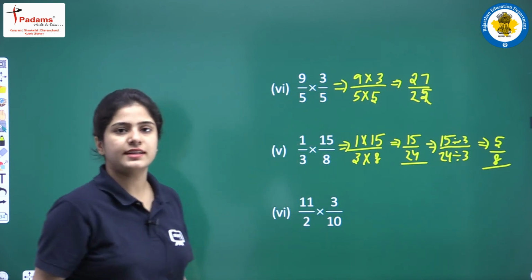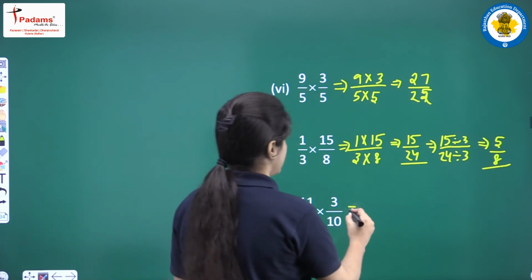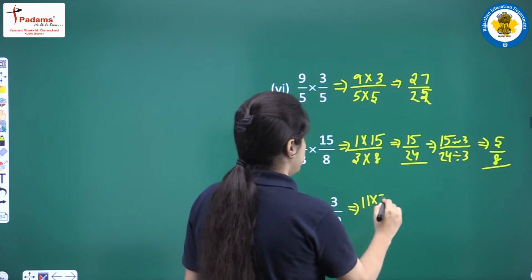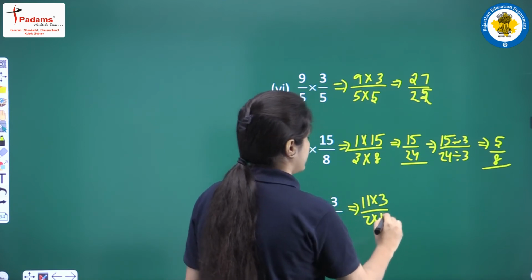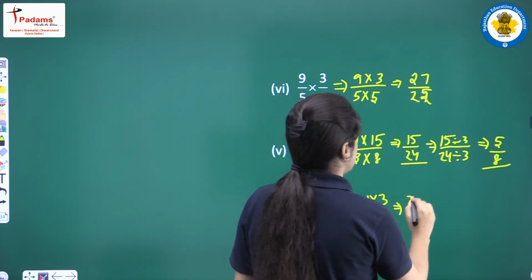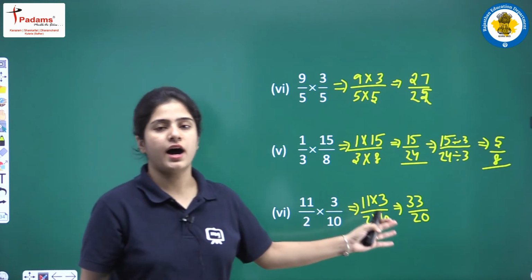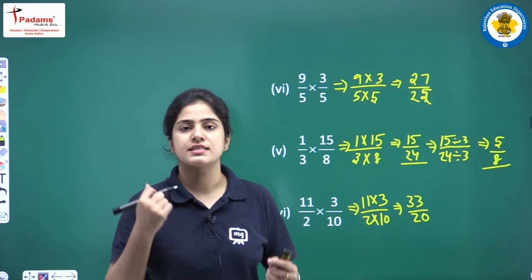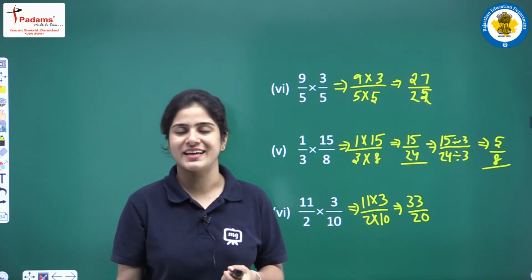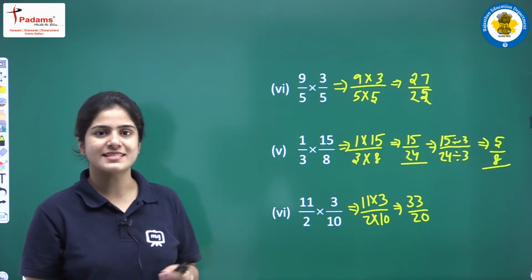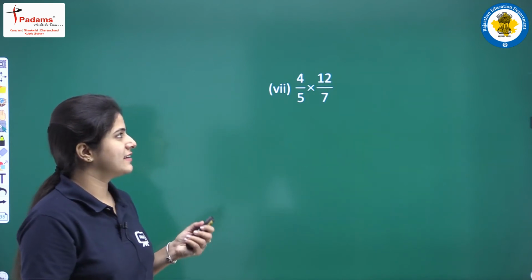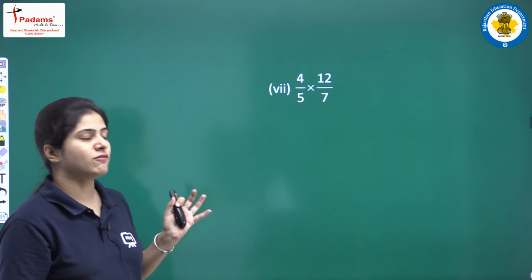So next we'll be seeing the next question. 11 into 3 upon 2 into 10, that is 33 upon 20. Clearly they are already in the lowest form because they don't have anything in common. Next question is 4 upon 5 into 12 upon 7.